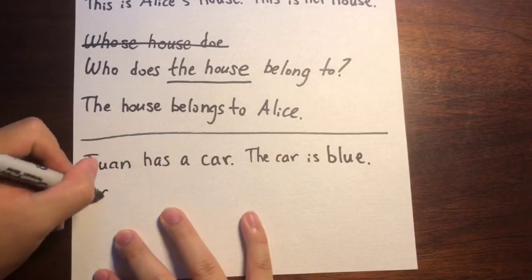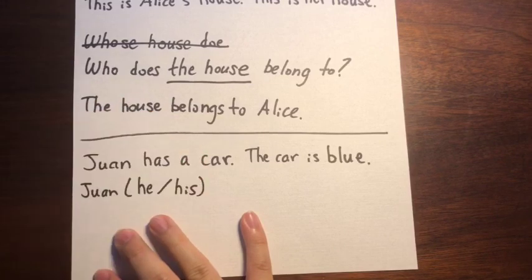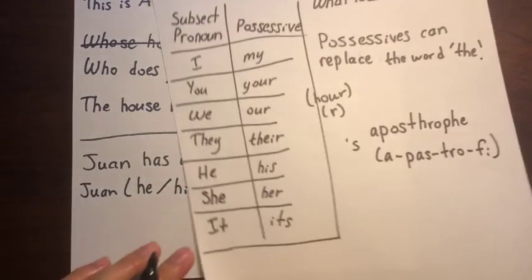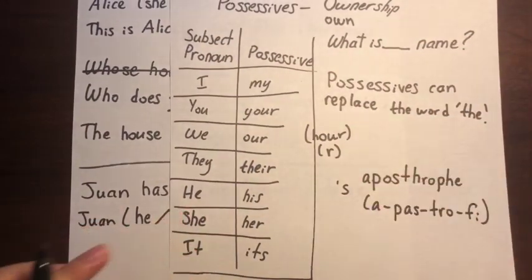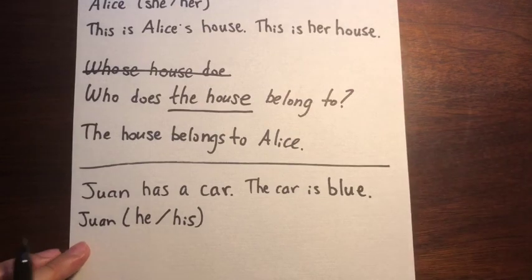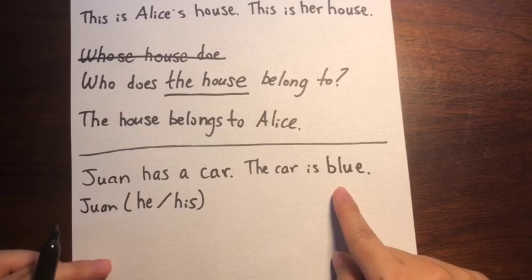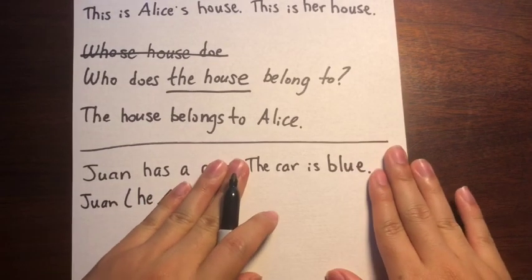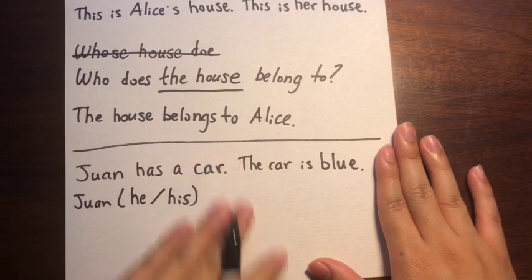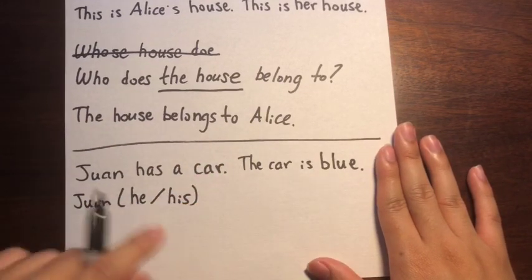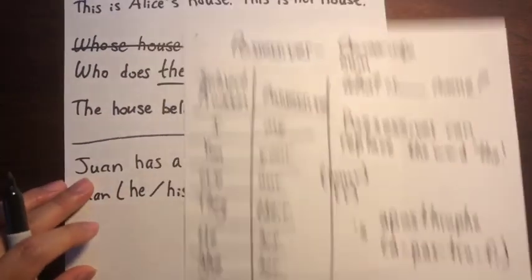So, for one, we use he and his. So, one has a car. The car is blue. So, we can write the sentence again. So, stop the video and write the sentence using his and apostrophe S.